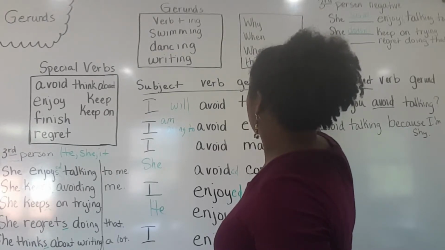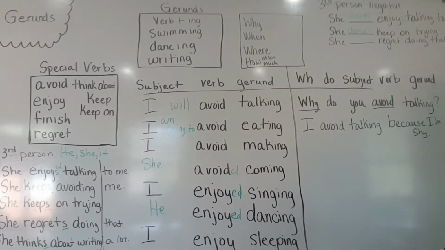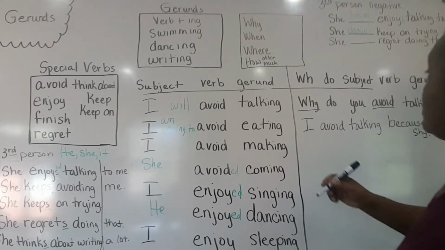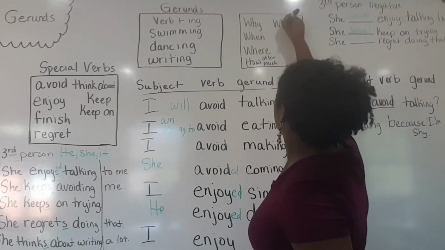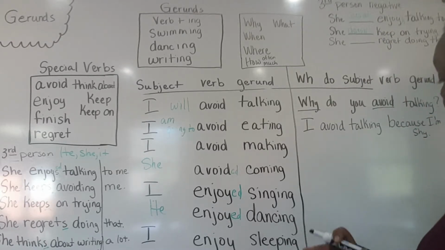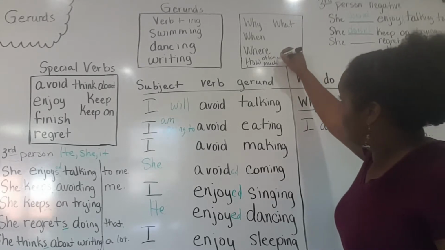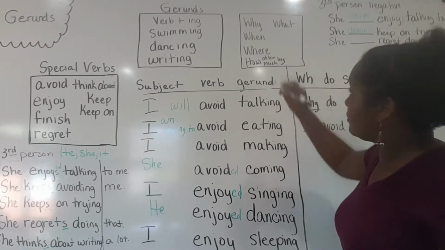How often, how much, when, where, why, how often, what. I think that's all of them. When, where, why, what, how much, how many, how long.